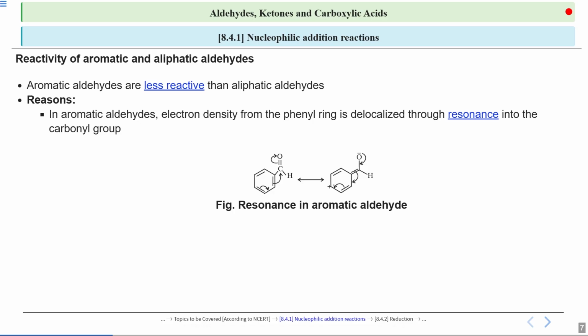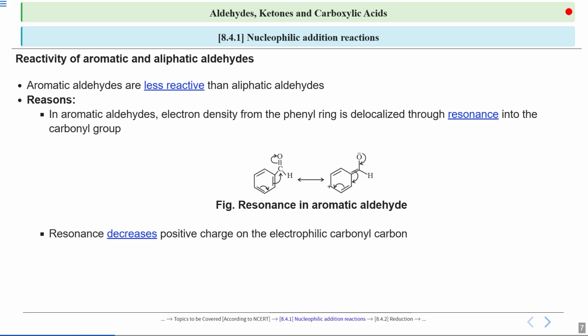Okay, so at one time the oxygen is pulling the electron density, and at the other time the benzene ring is pushing the electron density to the carbonyl group. So the positive charge on the carbon gets reduced. If you see the resonating structures, you will see that this benzene ring is pushing the electron density towards the carbonyl group.